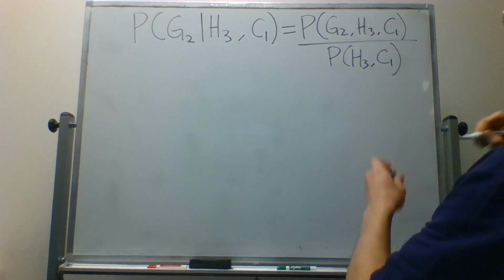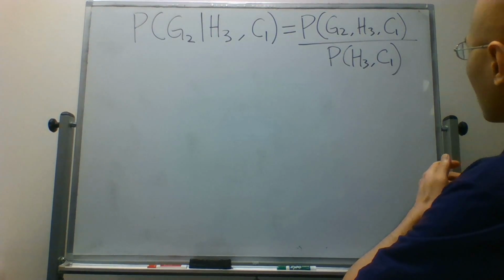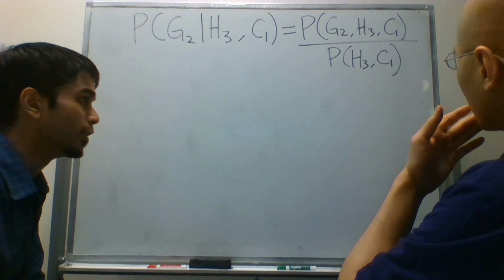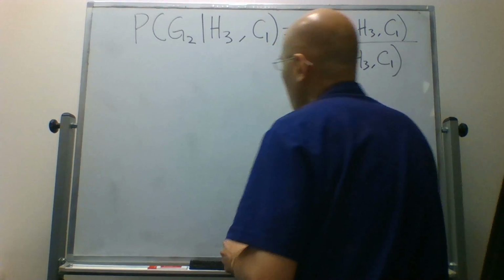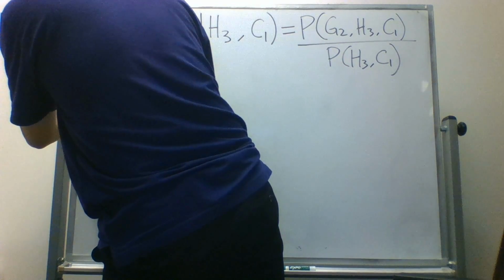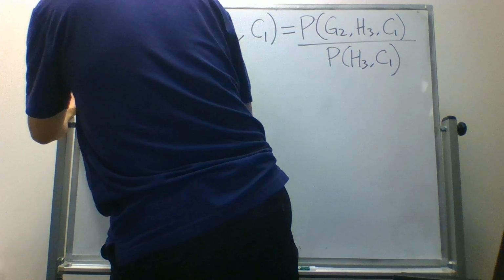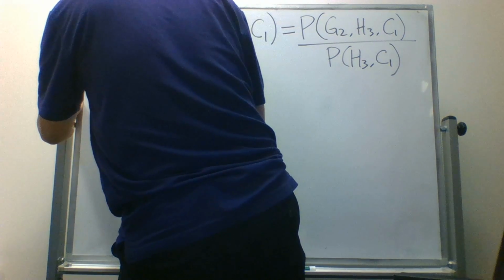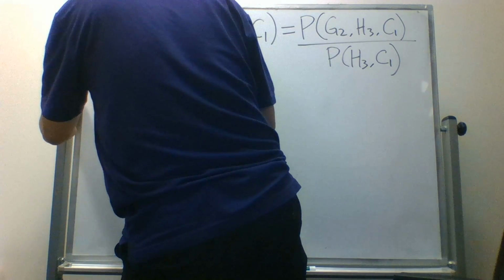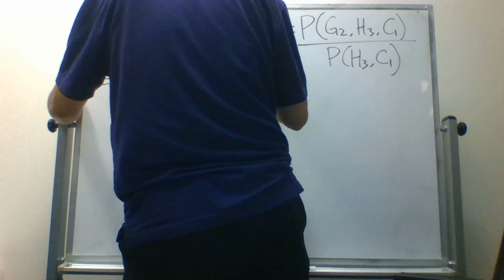Now I need to figure out what quantities we had and how they fit into this. So we know that this numerator here can be written like this.